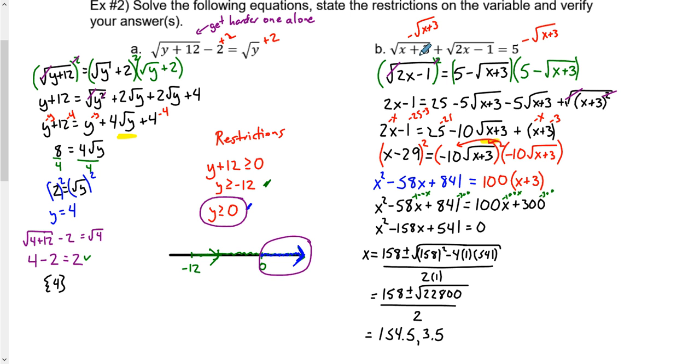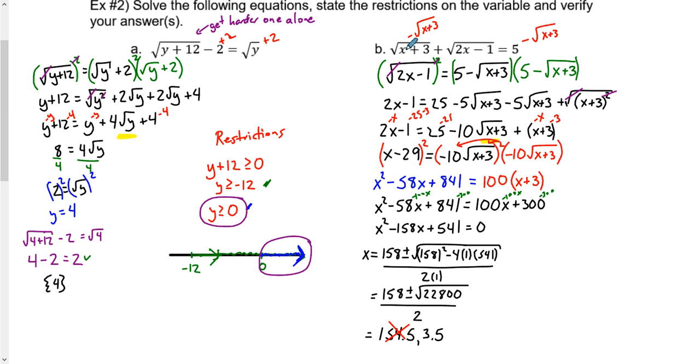So 157.5 is going to be bigger than 12. 2 times 154.5, that's 309. Subtract 1, 308. Square root of 308, well, you're looking at over 17. So 12 plus 17 is 29. That's never going to give you 5. So this one's definitely out of the question.